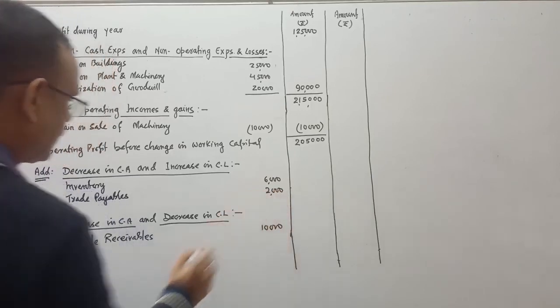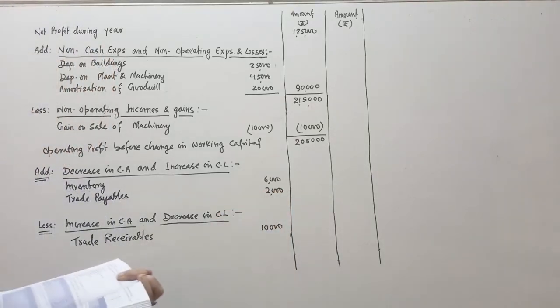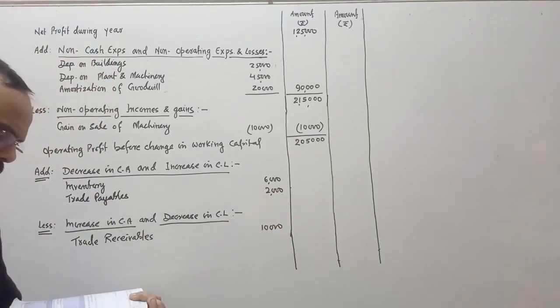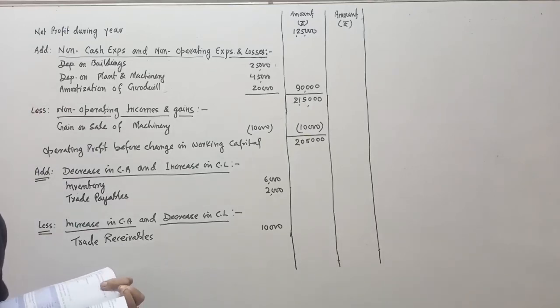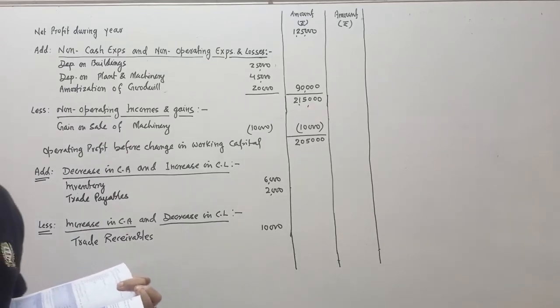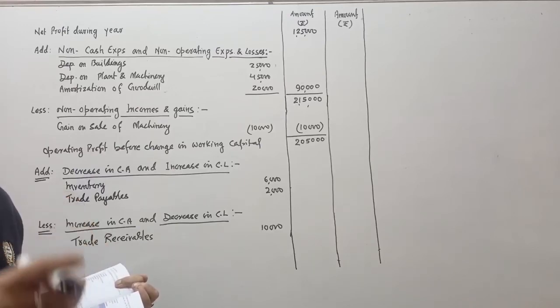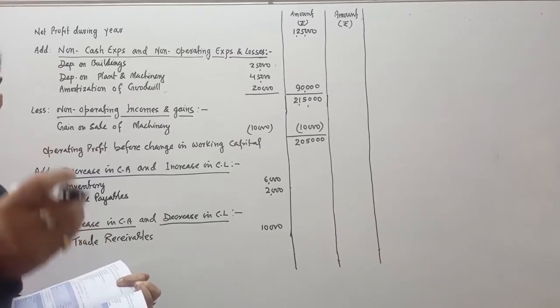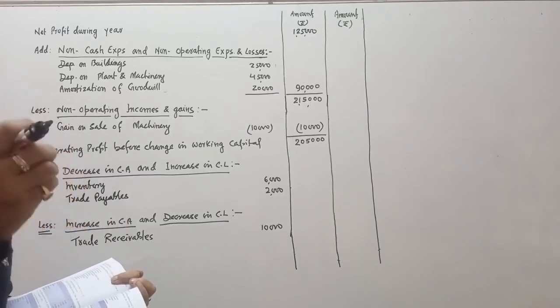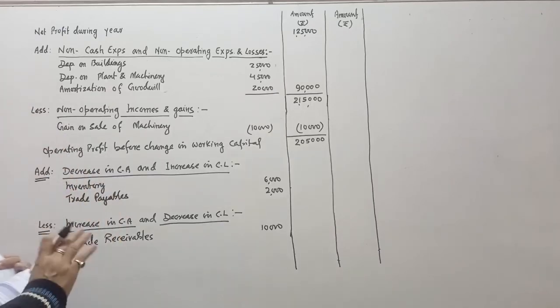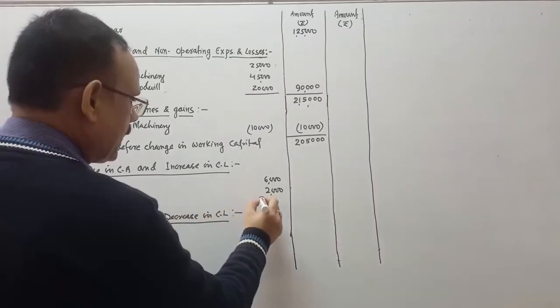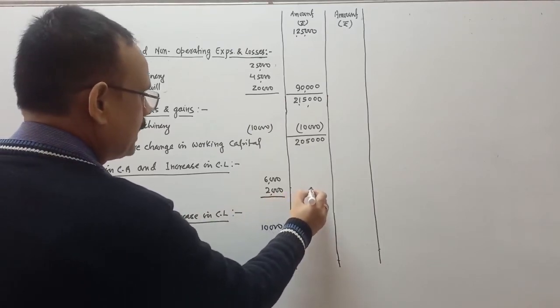Okay. Next, after trade payable, bank overdraft. Bank overdraft comes under financing activities. It is not under operating activities, and here we are going to find out the cash flow from operating activities. Bank overdraft and cash credit come under financing activities. So we will do the additions, adding 8,000.